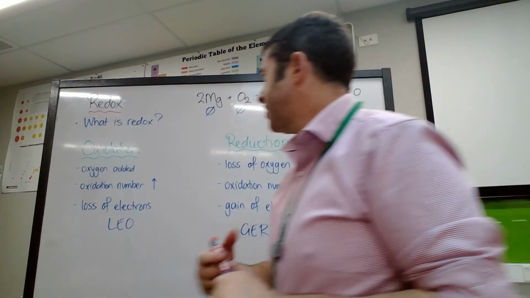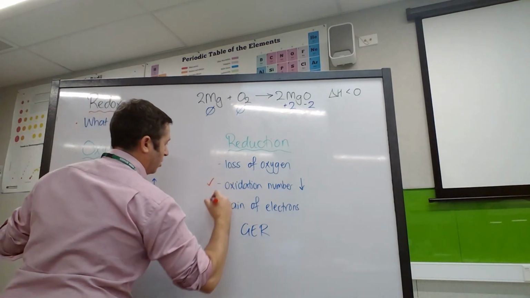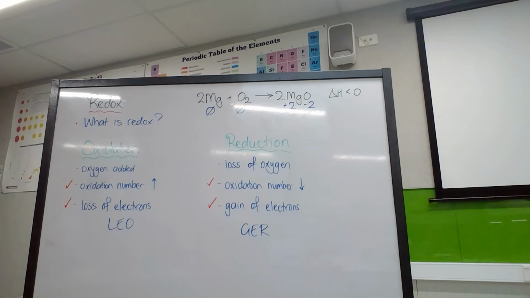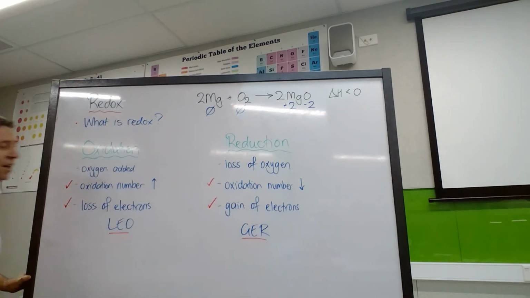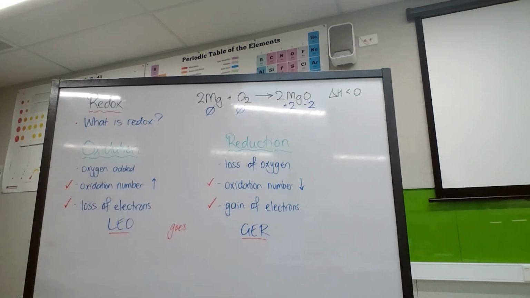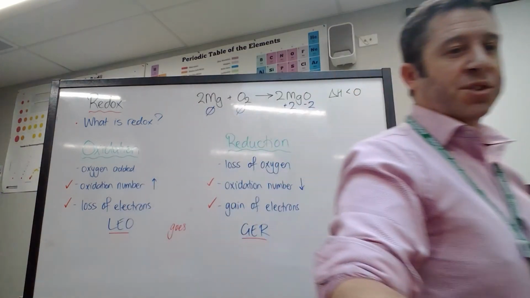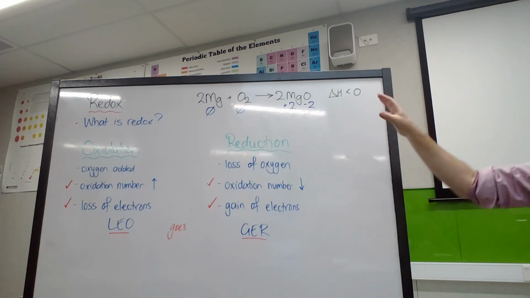So these ones are always true. As I say, there's a nice little phrase that you can use to remember: LEO goes GER, losing electrons oxidation, gaining electrons reduction. How that looks, and I see I'm running out of whiteboard space, but how that looks as an equation is we can break it up into two halves.